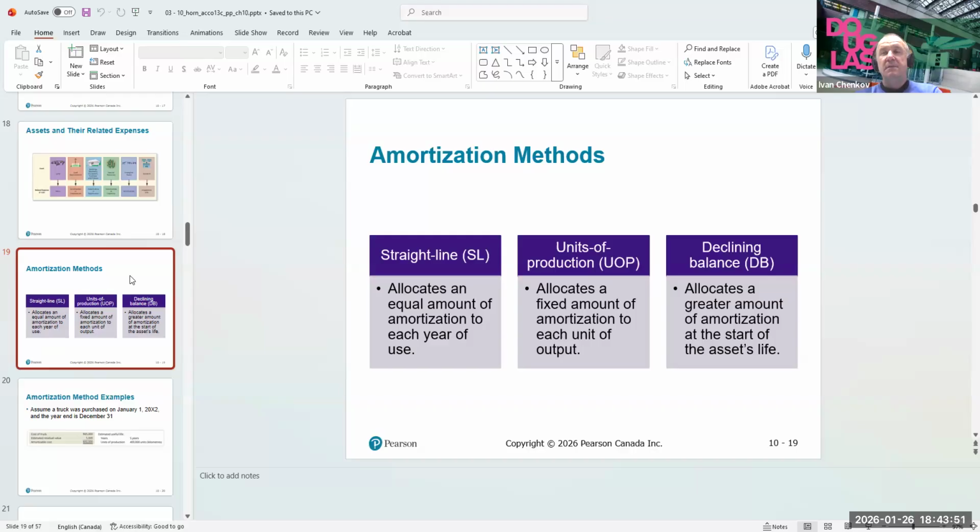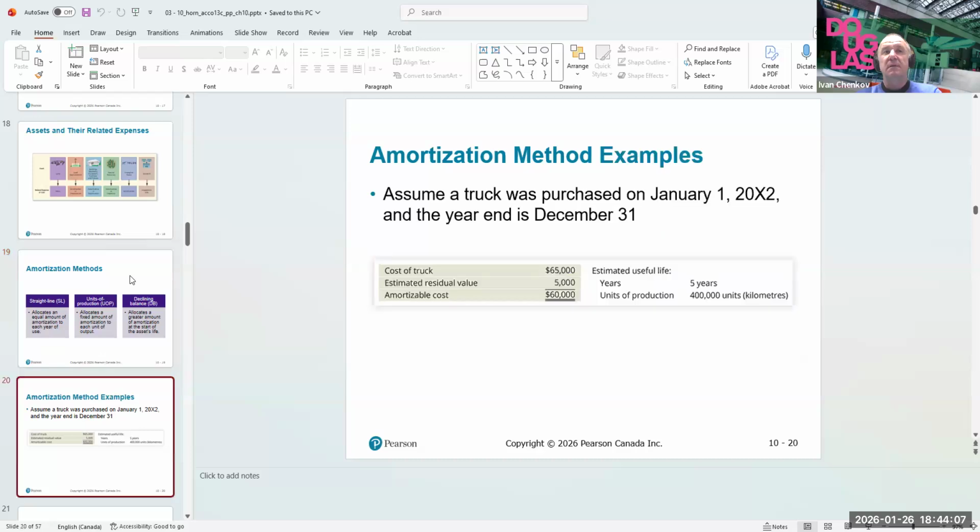And the last one is the declining balance, which allocates a percentage of the original cost of the asset and tends to amortize a greater amount in the beginning and less amount at the end. Again, to estimate how much we have to amortize, we need the cost, we need the estimated residual value, and we're going to come up with the amortizable cost.